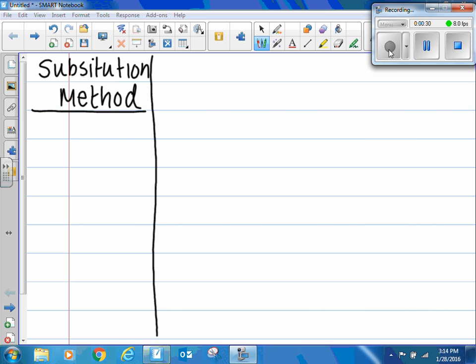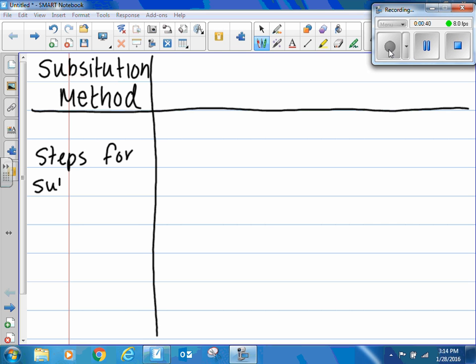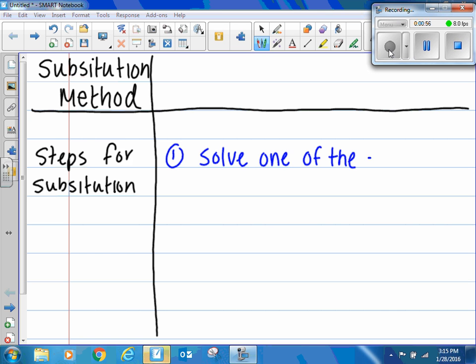Like a lot of times in math, we have steps that we're going to need to follow. So the steps for substitution are as follows. Number one, you need to solve one of the equations for one of the variables.